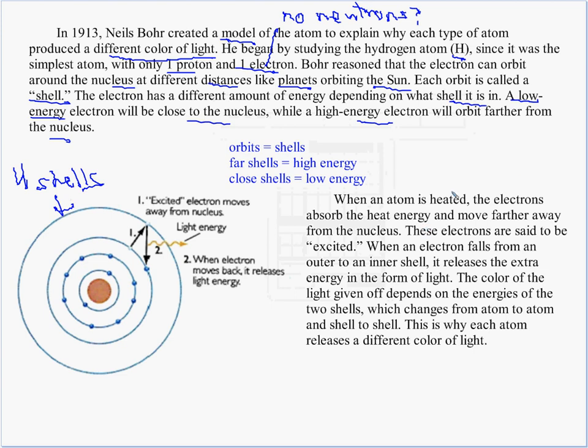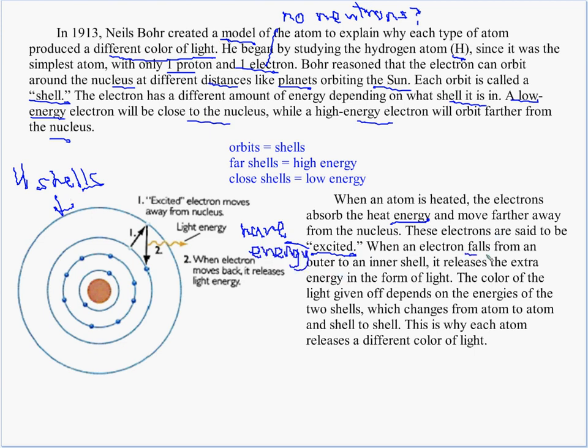When an atom is heated, the electrons absorb the heat energy. Okay, hold on. So they're going to go to the far shells and move farther away. These electrons are said to be excited. I'm excited. Well, if you think about a little kid excited, right? They have energy.